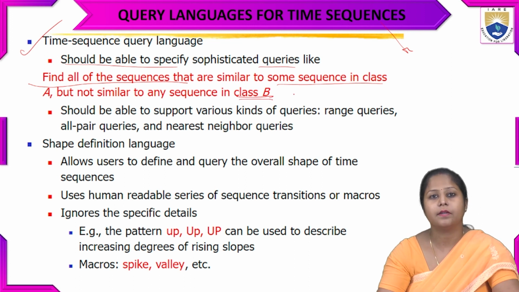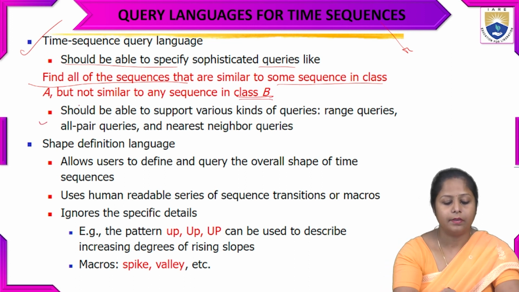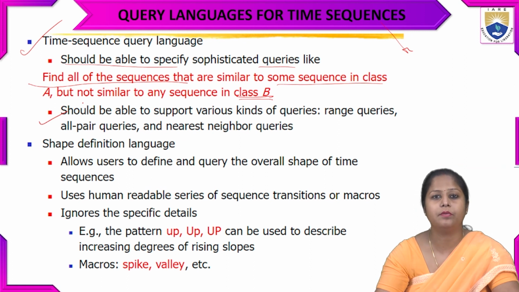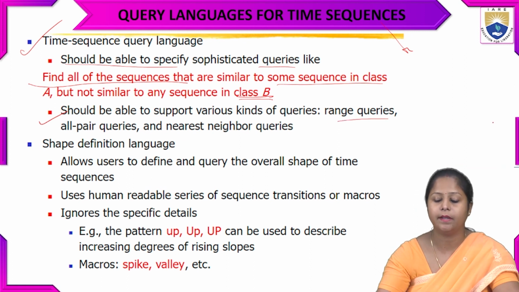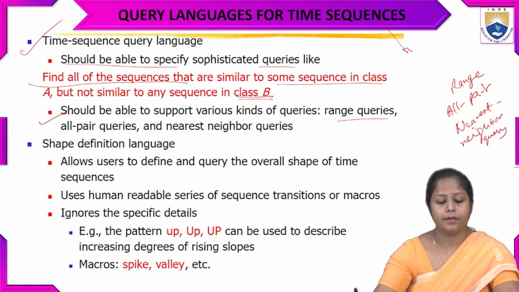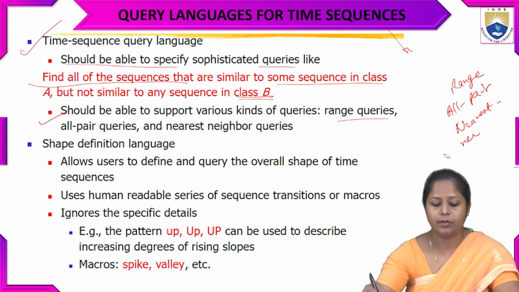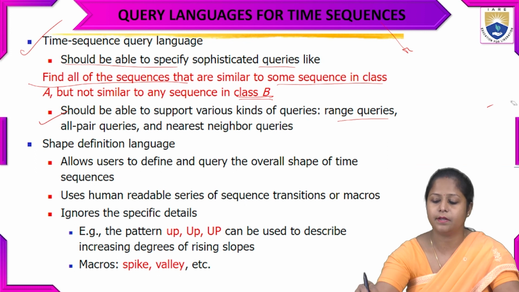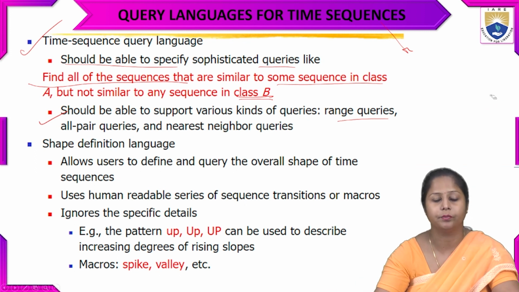This is an example. Then we should be able to support various types of queries like range query, all pair query, and nearest neighbor query. So we write the query, then we query for the time sequence, and we will be able to support various other types of query languages also.